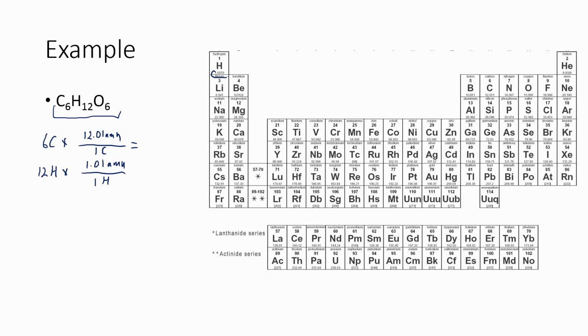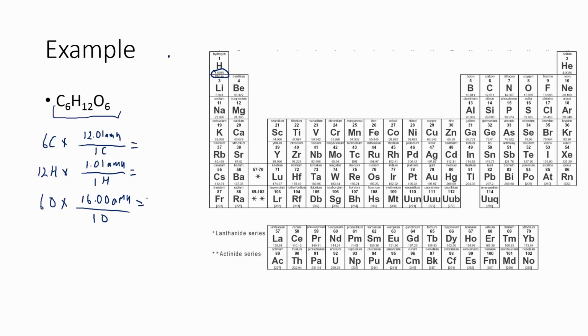We're just taking this number here and rounding it to a couple of digits. You can take the full values if you want, but a lot of times you only need 2 decimal places or 3 sig figs or 4 sig figs worth of significance here. Plus 6 oxygens times 16.00 AMUs every 1 oxygen. And now we'll multiply those out.